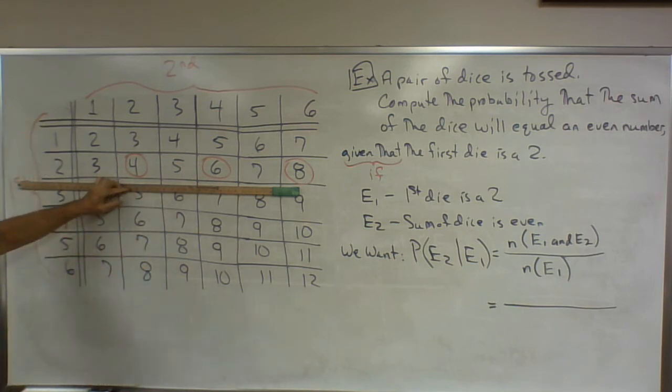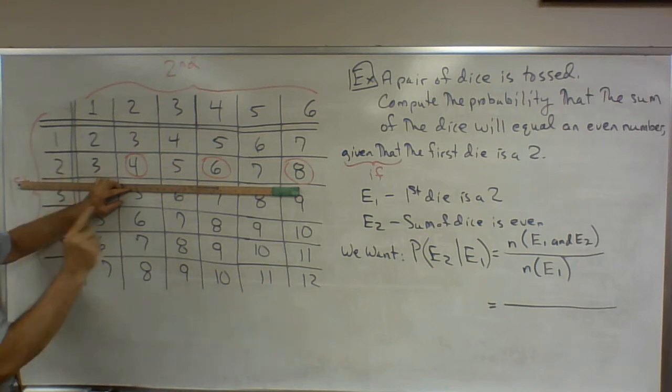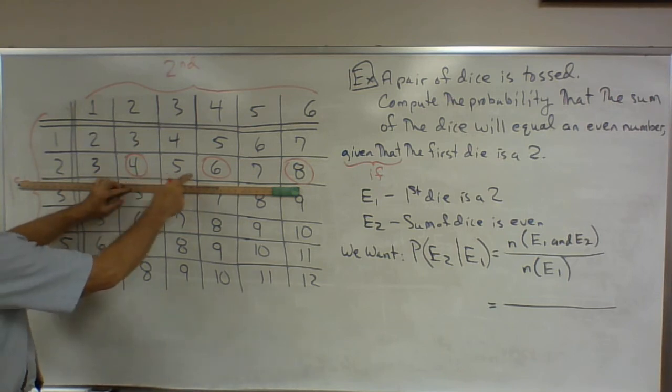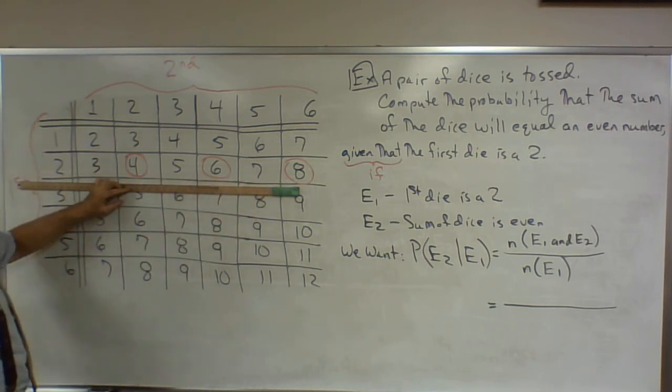The outcomes that I've circled are the outcomes in which E1 is true, the first die is a 2, and E2 is true also, the sum of the dice is even. Note that there are just 3 ways that E1 and E2 can both happen.